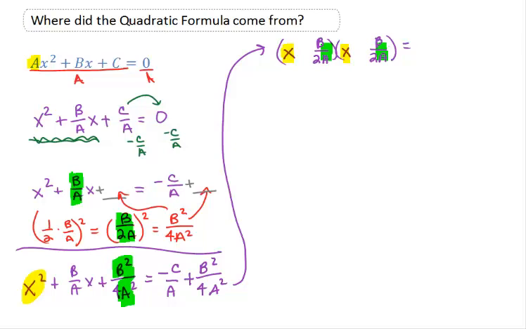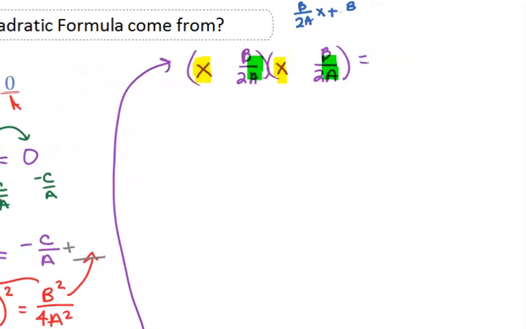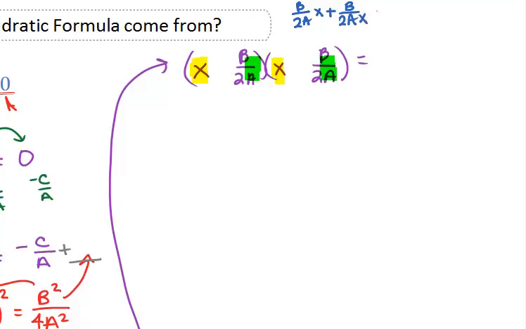That's because it multiplies to give me my last, b squared over 4a squared, and it adds to give me my middle. My outside is b over 2a x plus my inside b over 2a x.